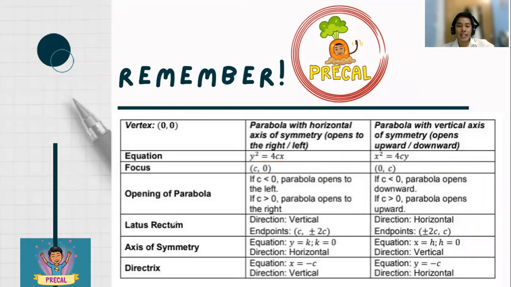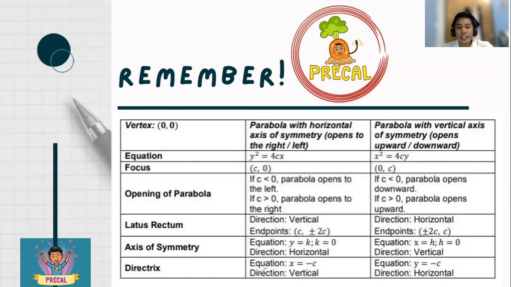For the latus rectum, here are the formulas. The axis of symmetry for horizontal parabolas is y is equal to 0, and k is equal to 0, and for this one we have h is equal to 0, which are our x and y values respectively.